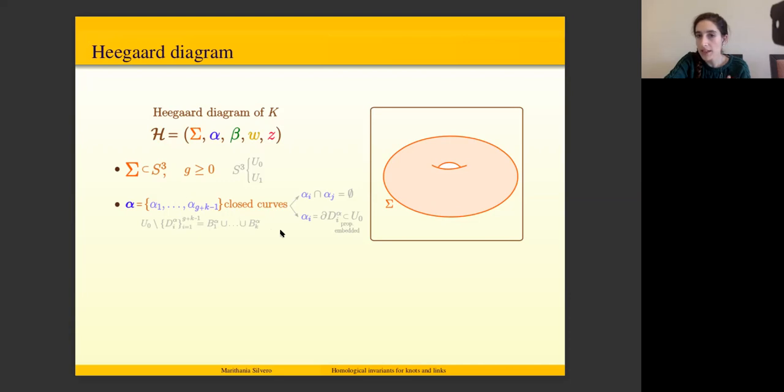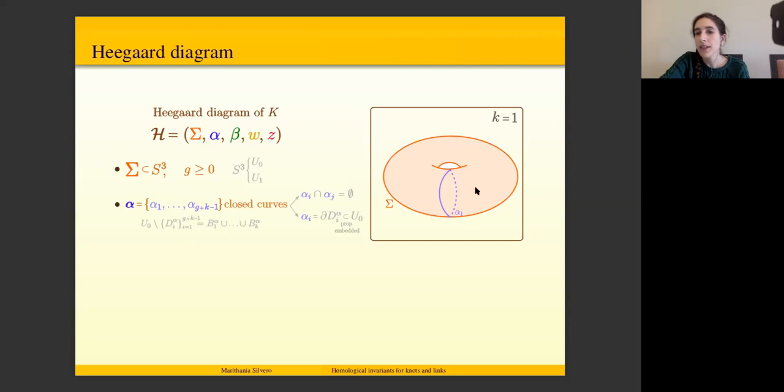So in this case, imagine U0 is the inner torus, the solid torus that we have inside this sigma. If I choose K equals 1, which is something that I choose, I just need 1 curve because the genus is 1, so 1 plus 1 minus 1. So this is going to be alpha 1.